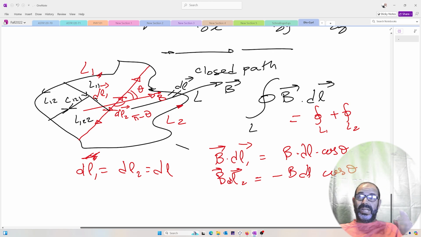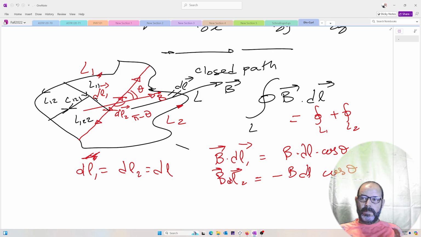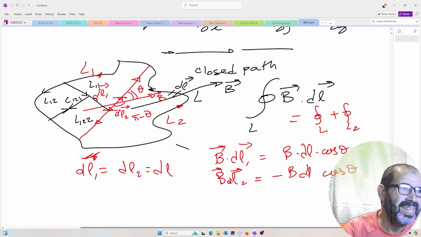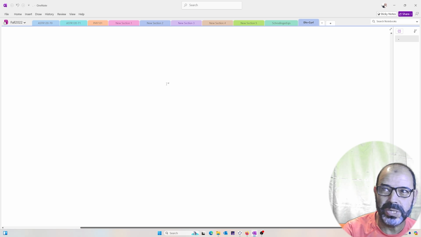At some point, you will arrive at a place where you can do the summations, okay? So this is the path that we're going to end up with. It has to be a closed path, so our starting point has to be the same as our ending point.